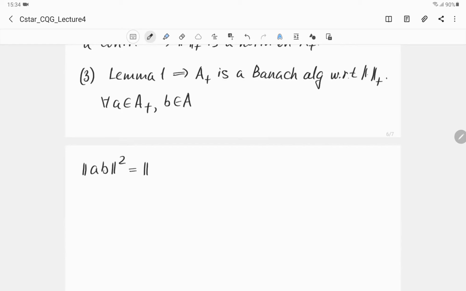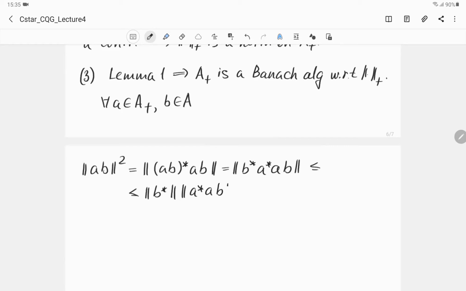So this product sits in A, so we can use the C star axiom: norm of AB squared is the norm of AB star AB, which is equal to B star A star A B. Now, by the submultiplicativity of the norm, this is less than or equal to the norm of B star times the norm of A star A B.